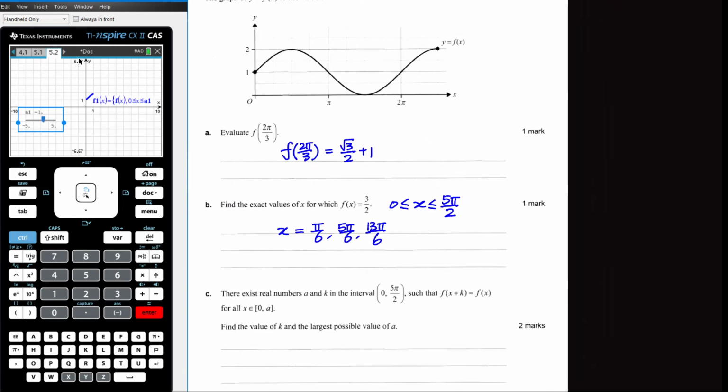Let's try that. Create a slider. And I'm going to use, let's say, f of x plus, if I have, for example, 2 pi, actually, if I try, let's say, f1, well, how about I set this to pi over 2?